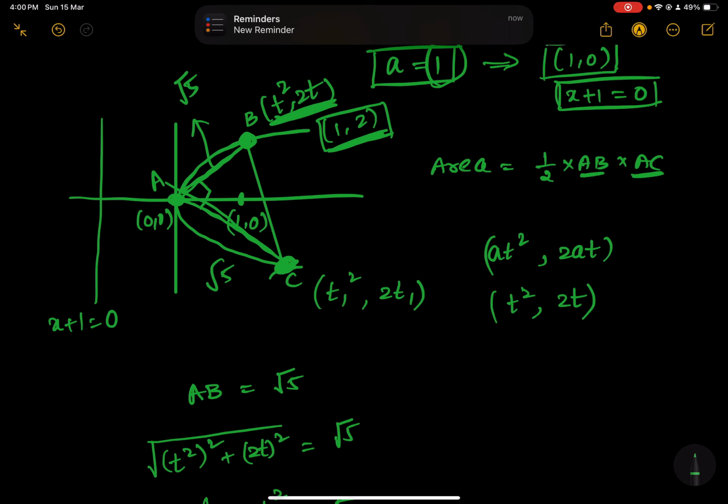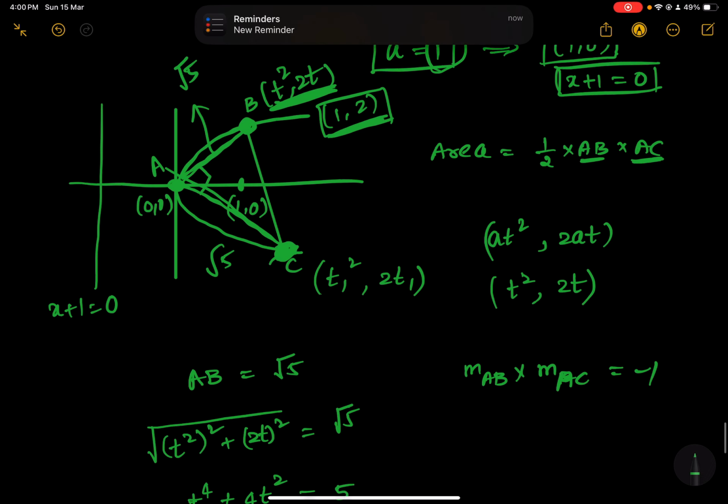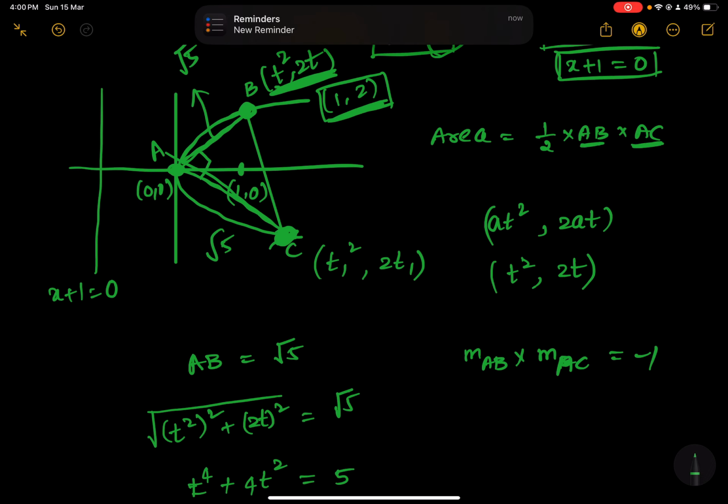Now what is our task? Our task is to find out the point C as well. How do we do that? We know that slope of AB multiplied by slope of AC is equals to minus 1, since those are perpendicular to each other. What is slope of AB? It is simply 2 minus 0 upon 1 minus 0, which is 2.